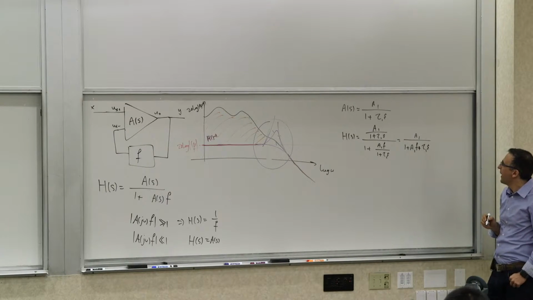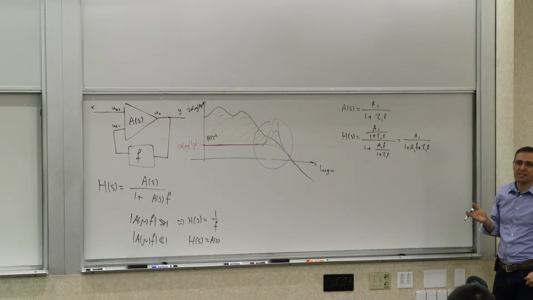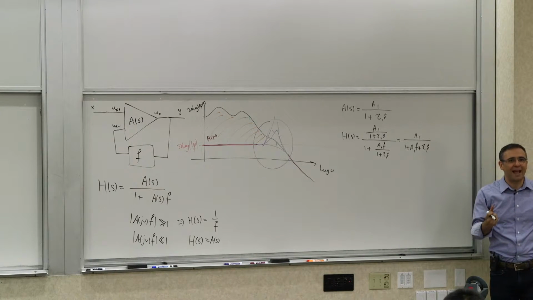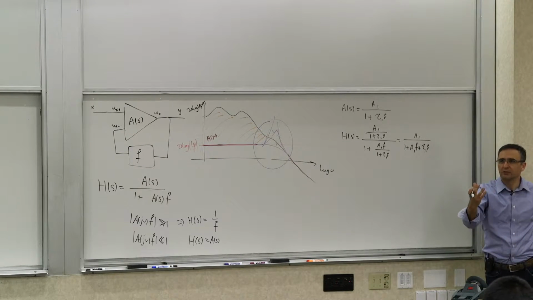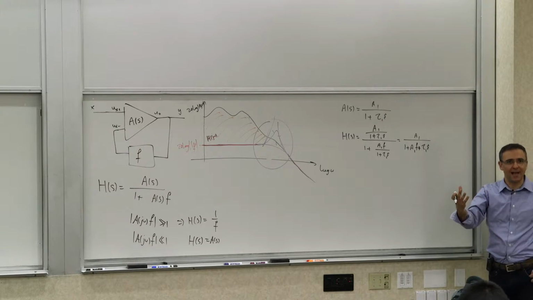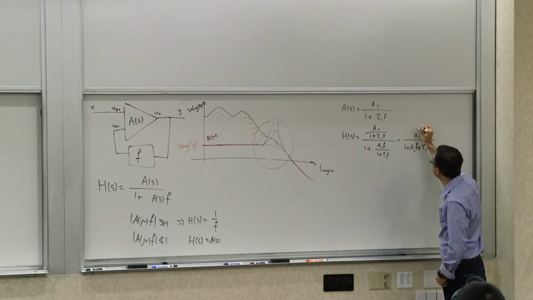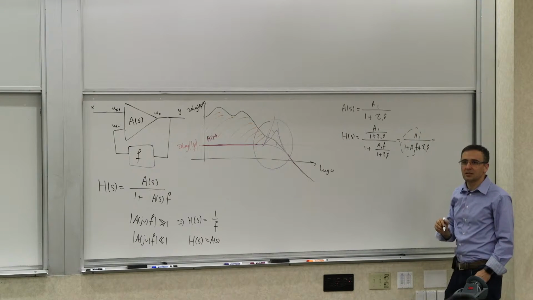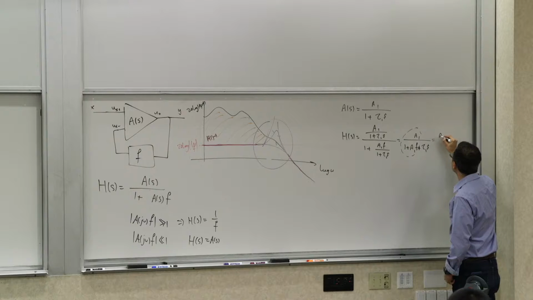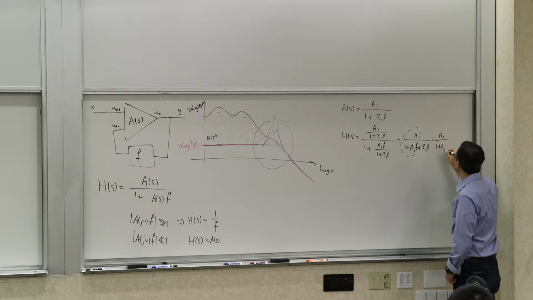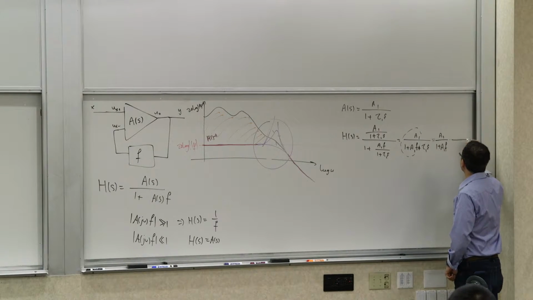Now, like any other transfer function, it's most meaningful to show it as the low frequency gain times the dynamics, right? So I'm going to factor the low frequency part of this. The low frequency part of it is this thing, right? So if I factor that, what do I end up with?